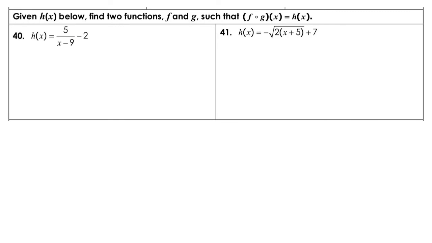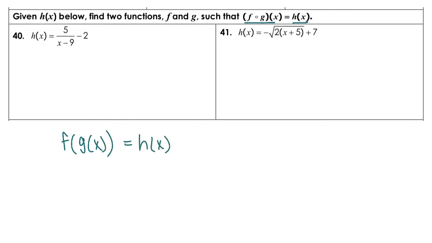Okay, so for our next two problems, what you're doing is working this backwards. In other words, you've got this, and that made up h of x. Now keep in mind that that notation means f of g of x is going to be h of x.